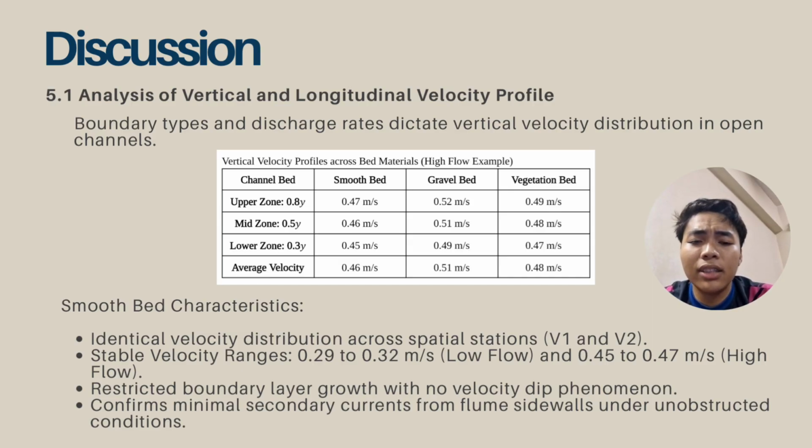The most critical hydrodynamic observation here is that the boundary layer growth is heavily restricted because the acrylic surface offers almost no friction. Furthermore, we observe an absolute absence of the velocity dip phenomenon. This confirms to us that secondary currents originating from the flume sidewalls are minimal and negligible under unobstructed conditions.